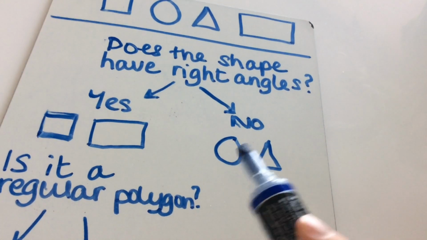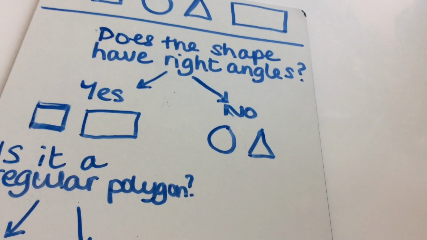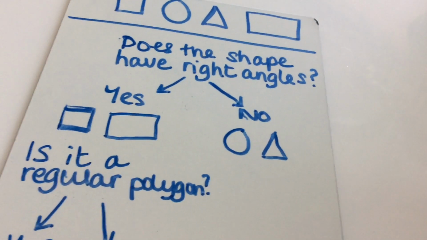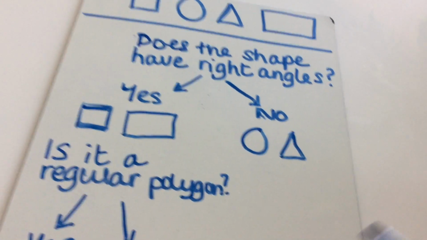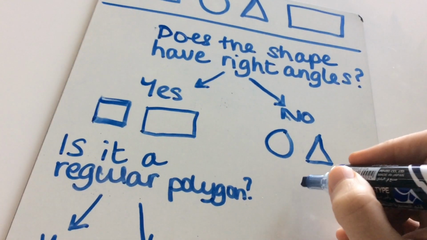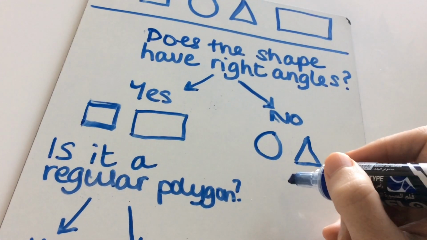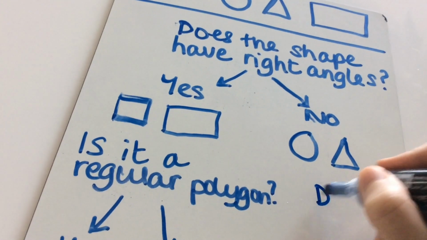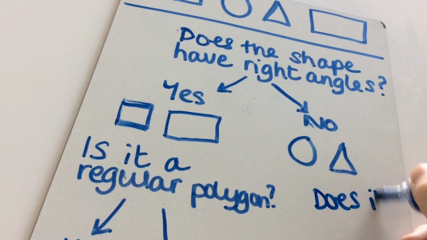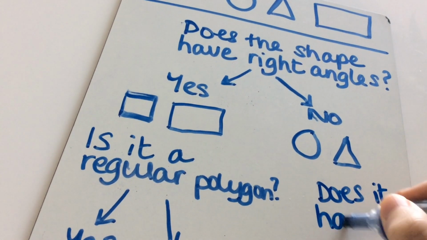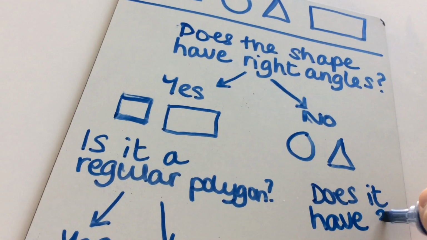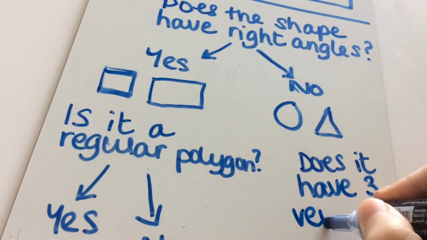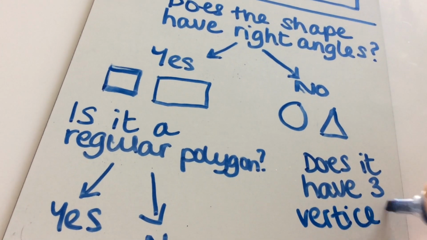So I'm left with my circle and my triangle. So I want to use that lovely word vertices that we used yesterday. So I'm going to say, does it have 3 vertices?